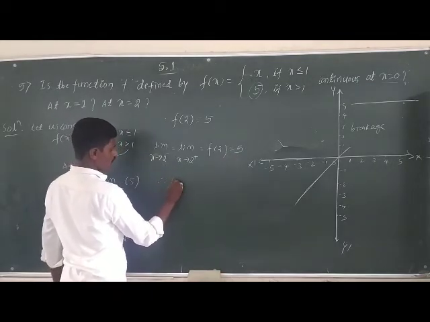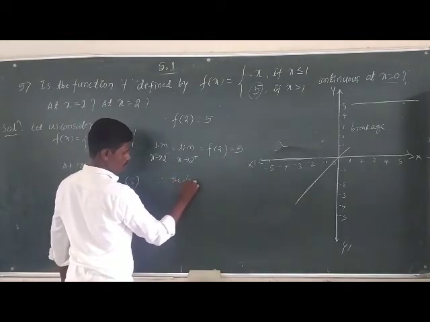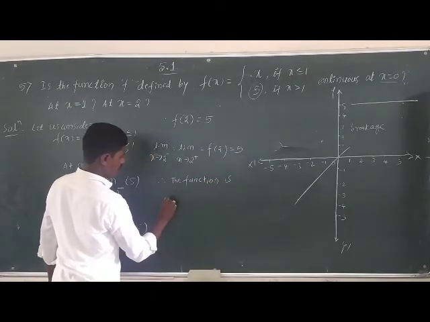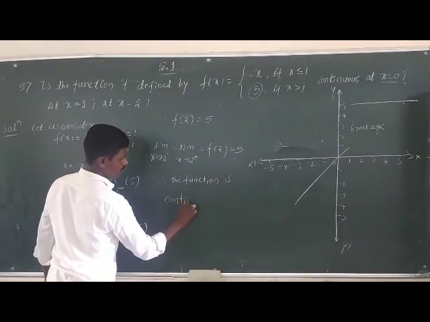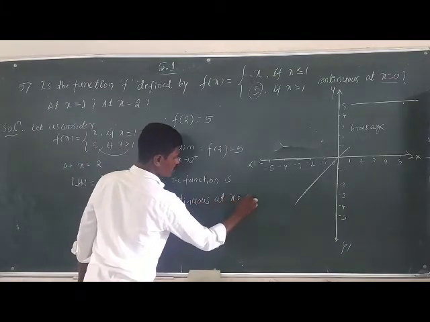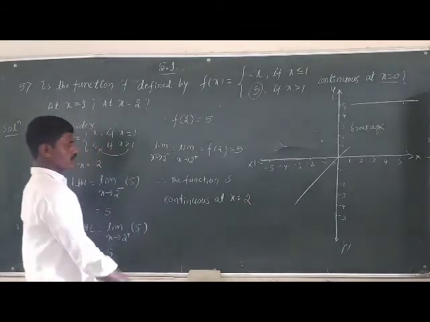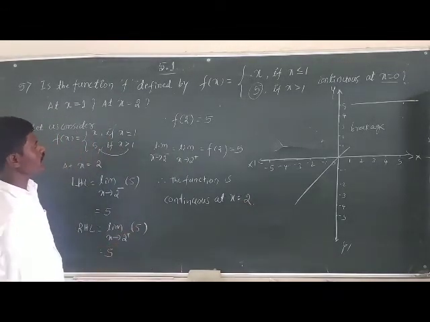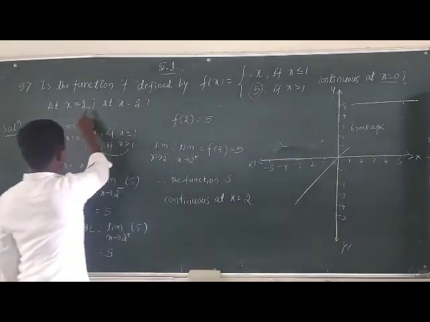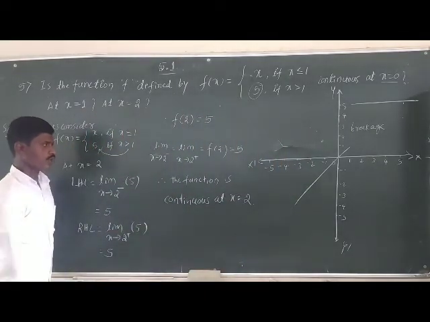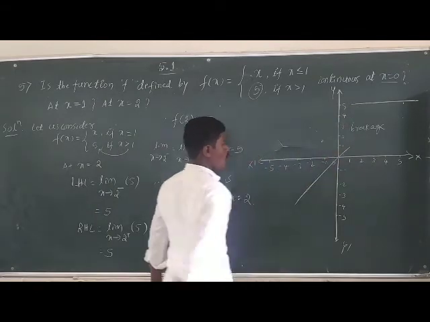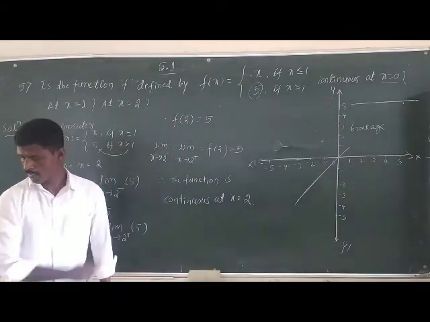Hence the function is continuous at x equals 2. So this is the continuity of the function f of x at x equals 0, at x equals 1, and at x equals 2. The function is only discontinuous at x equals 1.